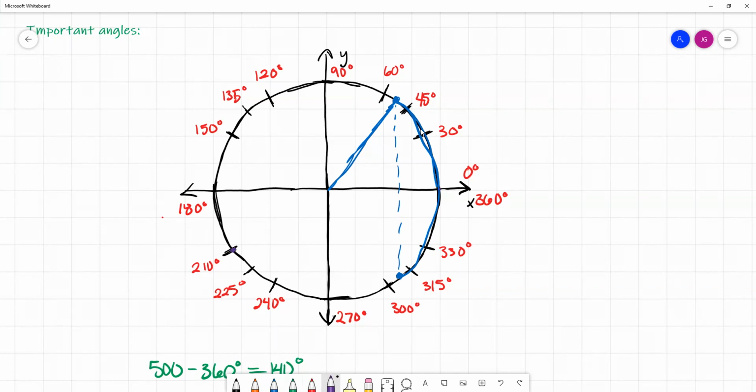So from here to there, that's my positive 210. If I want negative 210, then my ending point will actually be right here. So from here to there will be negative 210, but in this direction. It's always just a matter of going across the x-axis to get the negative one, right?